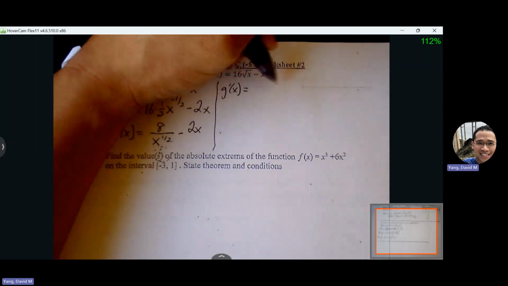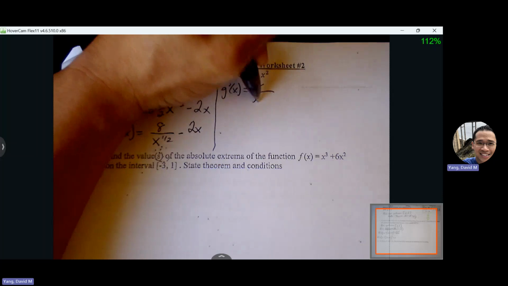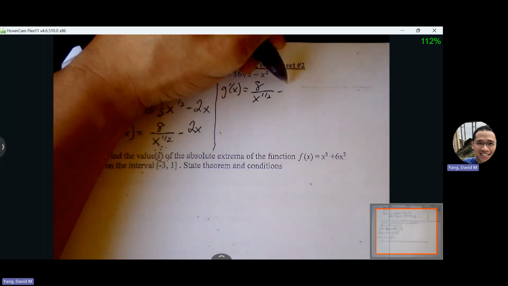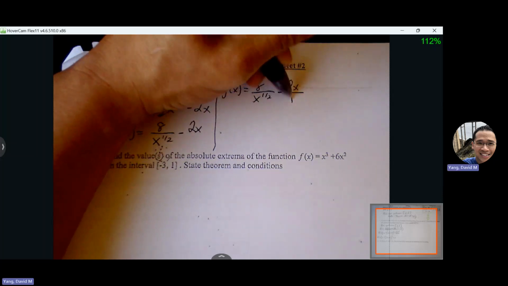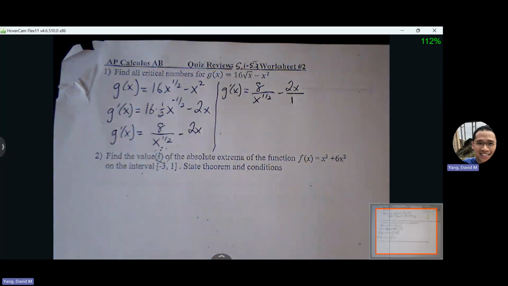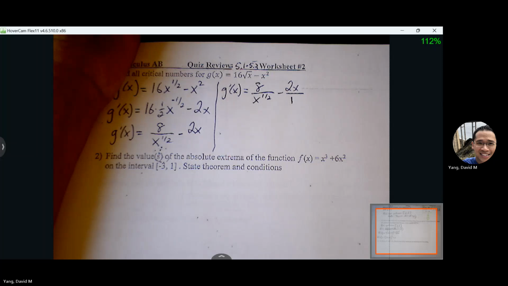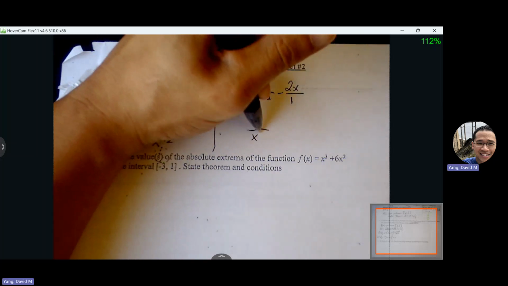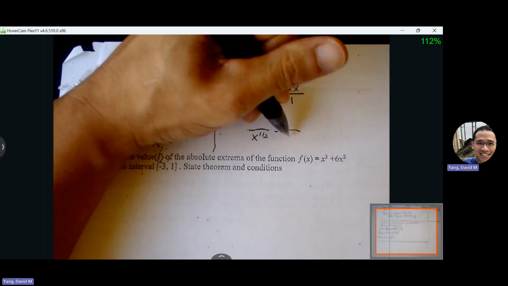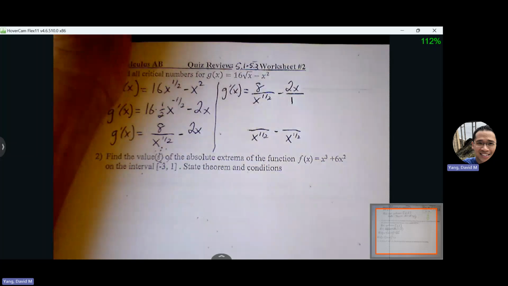So I'm going to force the 1 below the 2x so I can consider my common denominator. All right, what's our common denominator here? Yeah, x to the 1/2. We need something large enough that both denominators can go into. That's going to be just x to the 1/2.